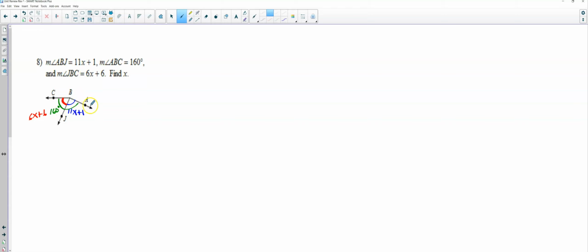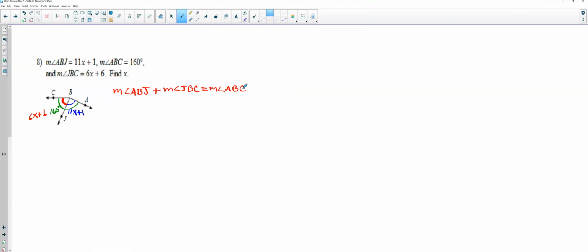The measurement of angle ABJ plus the measurement of angle JBC will give me the measurement of angle ABC, which is the big one.